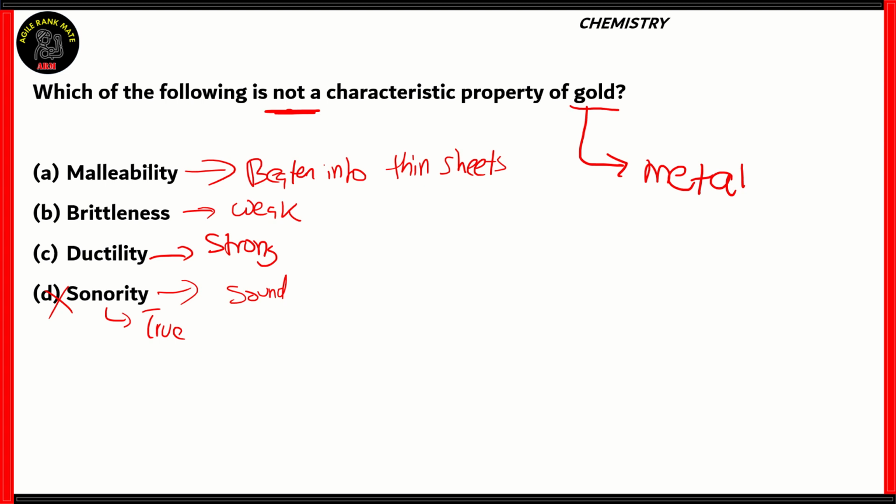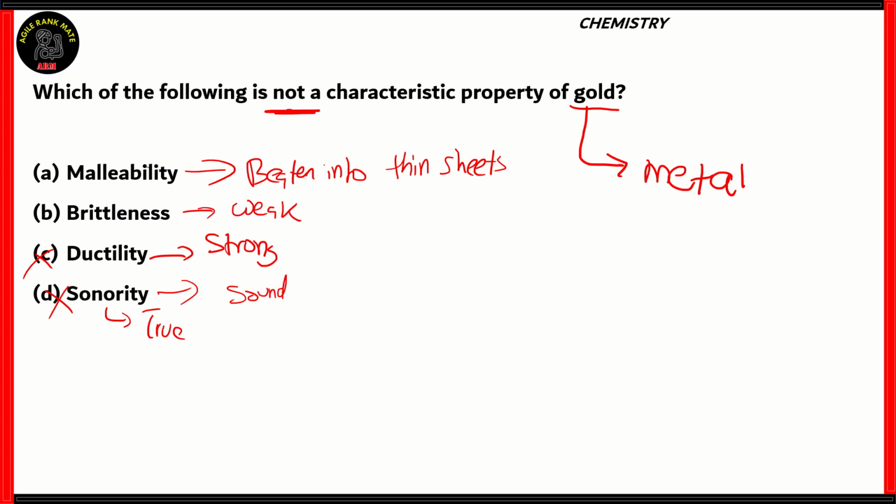Option C is strong. Metals are strong. Most of the metals are strong except for sodium and other metals. So that's why ductility is a characteristic property of metal. So option C is incorrect.